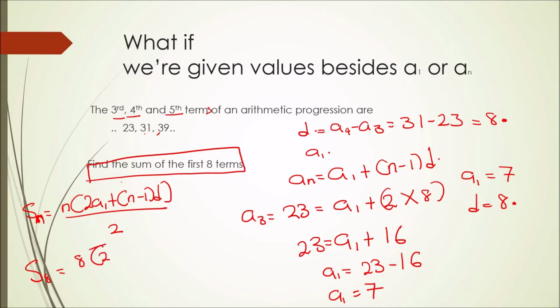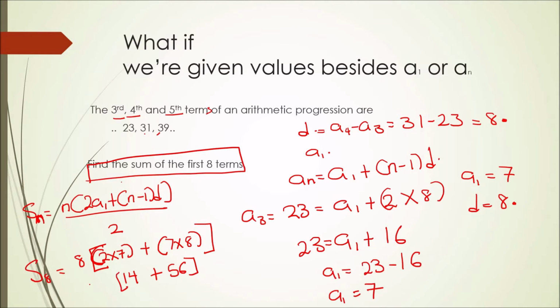Now, make this bracket big like this. Now, 2 times our A1 is 7 plus n minus 1. So that's 8 minus 1, that's 7 times D. Our D is 8. Okay, now 2 times 7, that's 14, obviously. And 7 times 8 will give me 56.